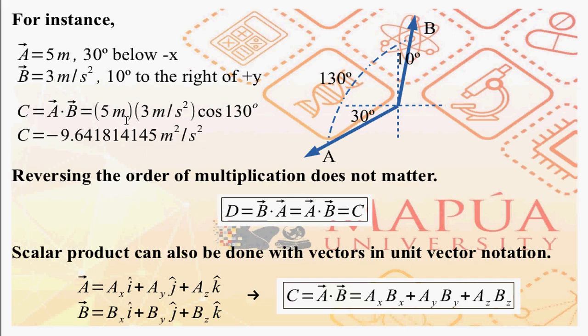The units will also multiply. Meter times meters per second squared will give you meter squared per second squared. In this example, the scalar product is negative. Positive times cosine 130 will give you a negative answer. So, the negative sign will depend upon cosine theta.